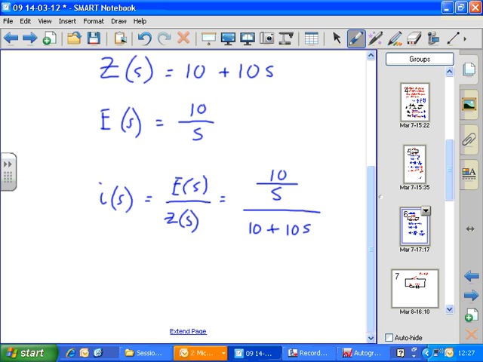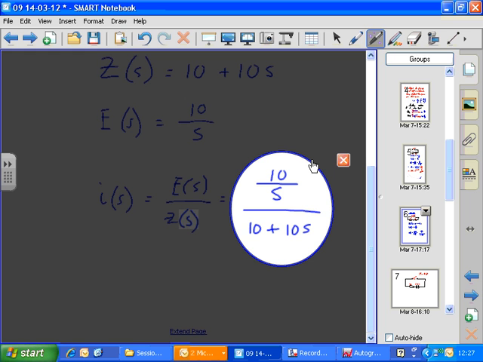So now it's all about the algebra, about analyzing this. That's what we're going to be doing, analyzing this, using algebra on it to get it to look like the transforms on page 5. So then we can transform back and find the current in time space.